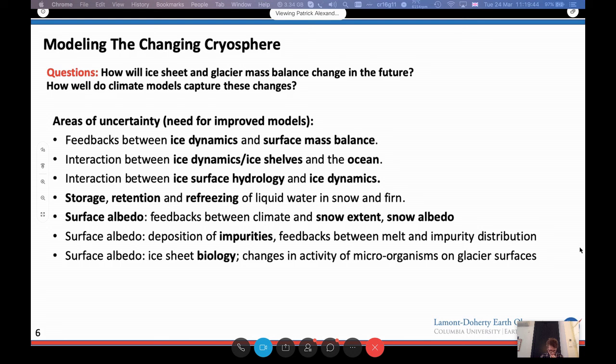And also, an area of ongoing research is the interaction between ice dynamics and the ocean. That's not so well understood. That's something that Craig is working on. And there's also surface hydrology happening at the surface of ice sheets and glaciers and ice shelves, and that can impact the flow.